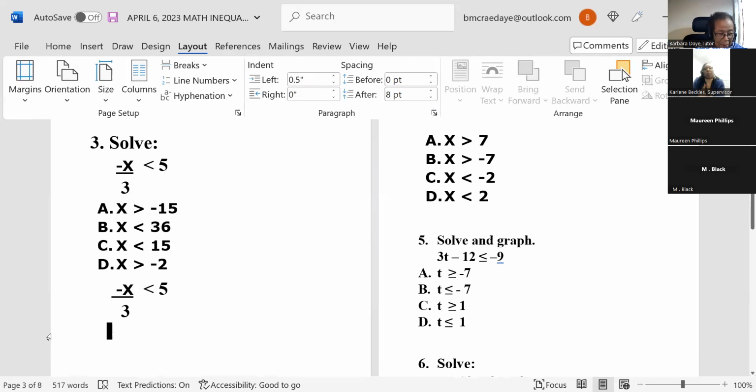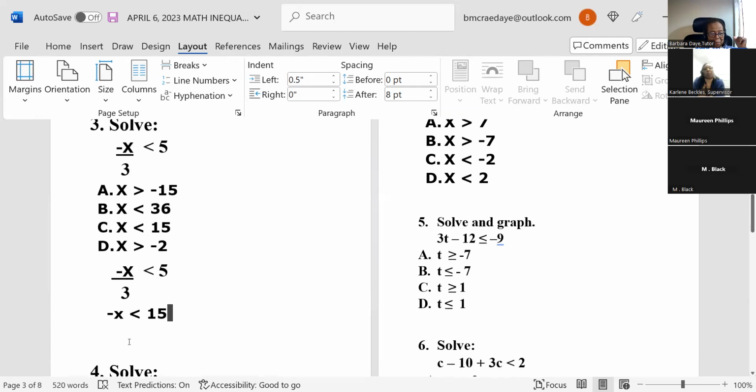Minus X less than 15. On the right side, and on the left side, 3 over 3 is 1. So you just have minus X. Okay, I misunderstood the minus for the 15 then.